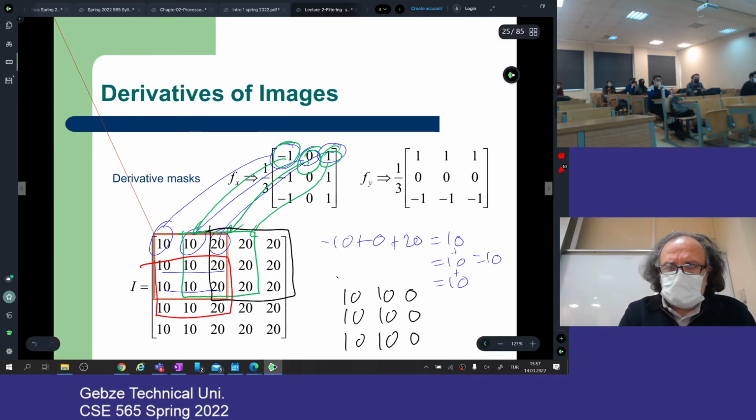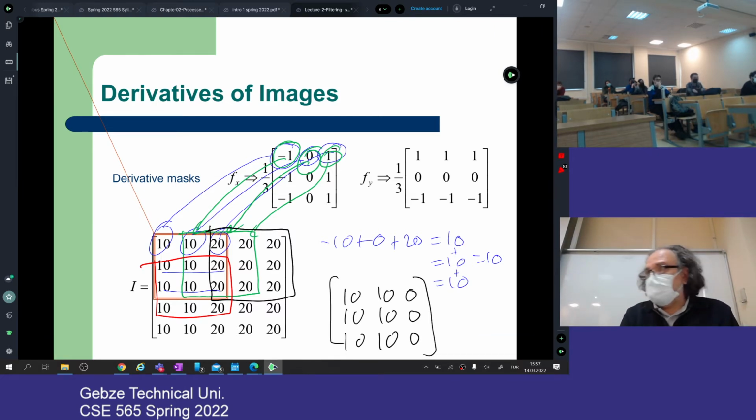So I ended up having a matrix like 3 by 3. Well, I used to have a matrix of size 5 by 5. It is now 3 by 3. I lost 2 columns and 2 rows, which I don't like much, but that's what happened. Let's deal with this problem later. Okay, but that's what happened.